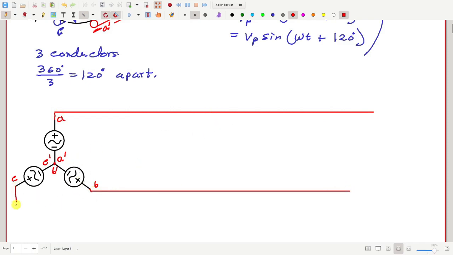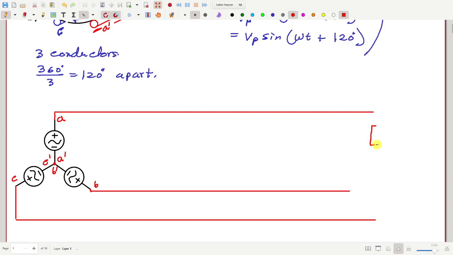These are transmission lines, conductors, and then in the other end we can connect loads or impedances, like, say this is my house, say this is my friend's house, and maybe this is another friend's house, and they are also connected like this. We can connect them in this way.